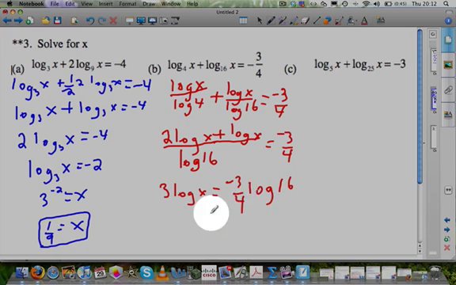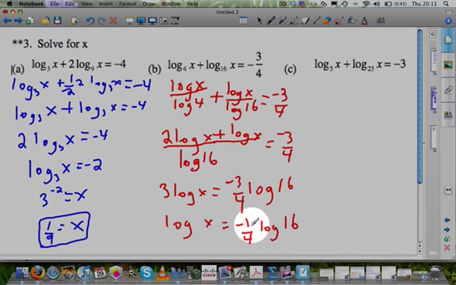Good. Then this gets a little bit messy, but what we can do here is the 3 can divide on this side. -3 divided by this 3 is -1, so we have -1/4 log 16. So log x equals -1/4 log 16.